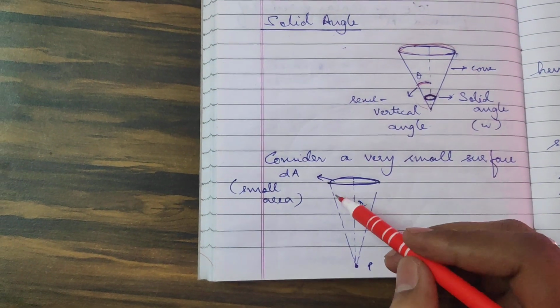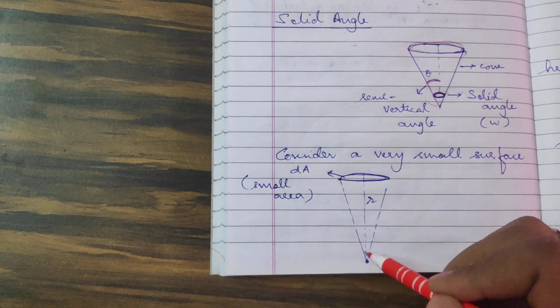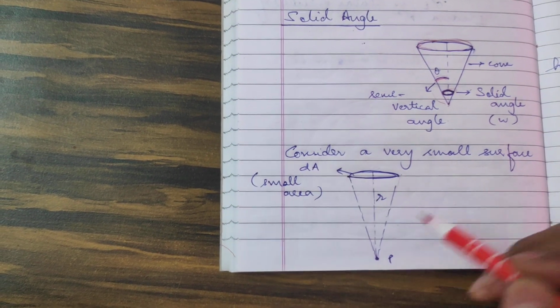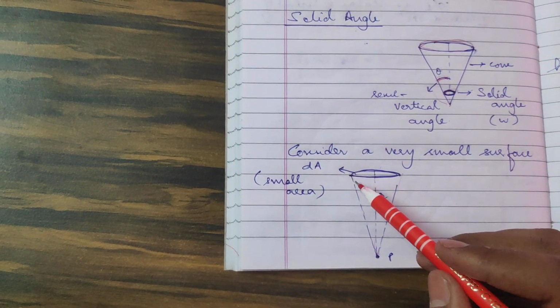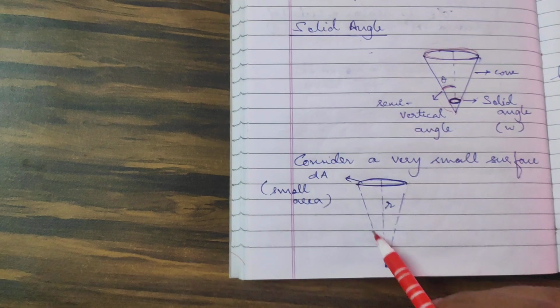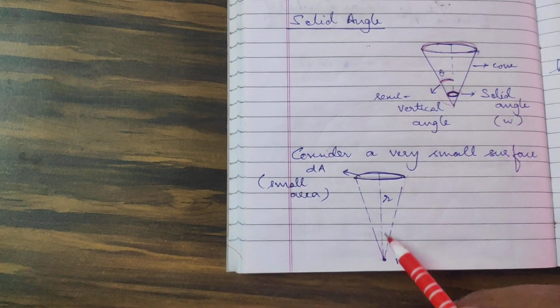So that the entire periphery of this surface I am joining to a point P over here. Assuming dA to be small gives an advantage that all of these lines will have the same magnitude R.